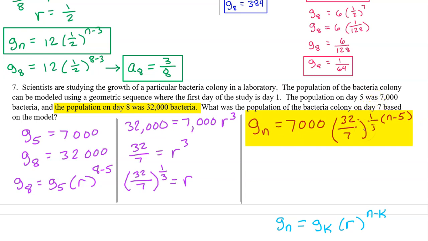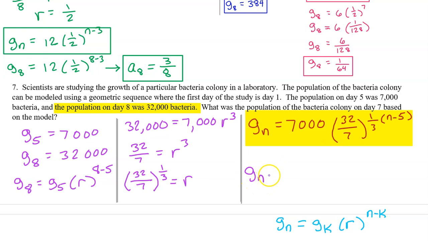We can use this model to find the population of the bacteria colony on day 7. So let's let n equal 7. 7 minus 5 is 2. So this will be 2/3.